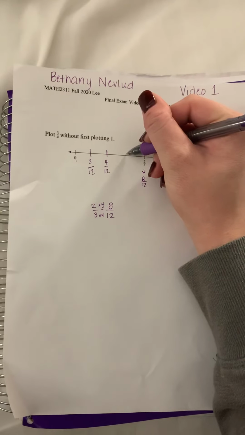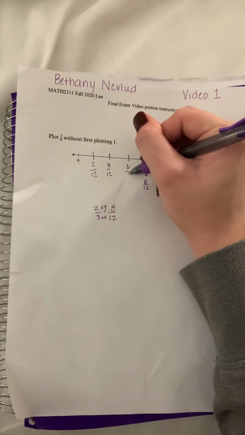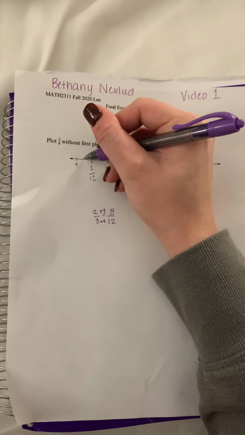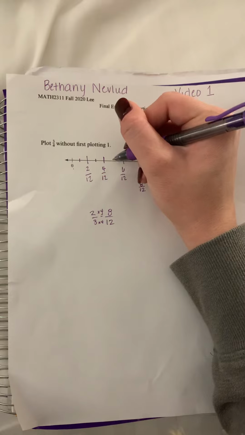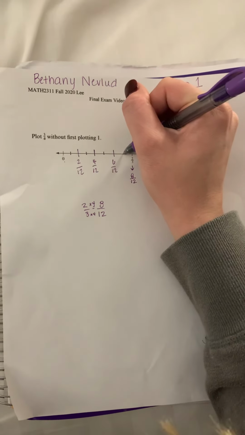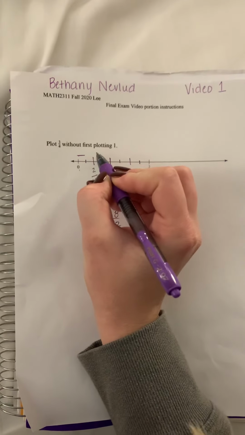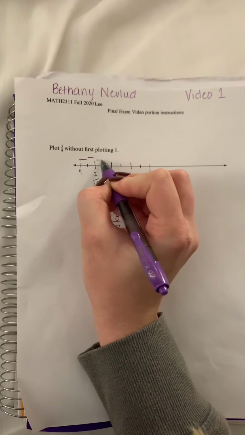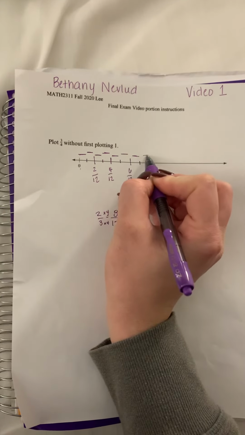And between here, 6/12. And between each of these is 1, 3, 5, and 7. So these are how big the sections are going to be in between each fraction.